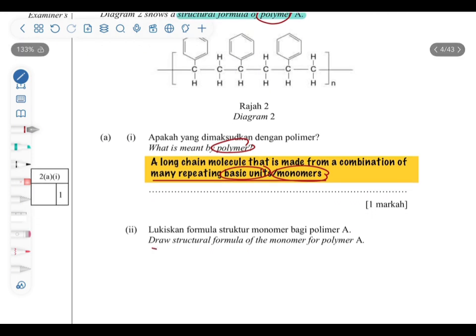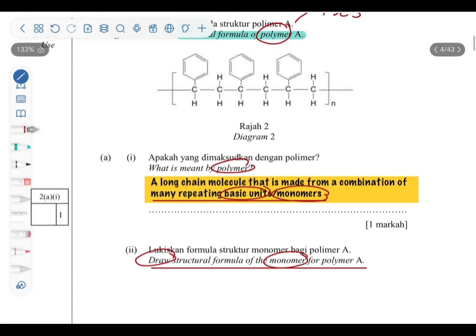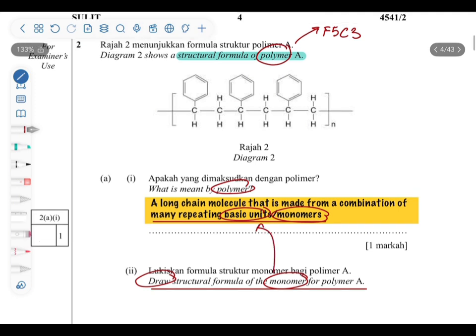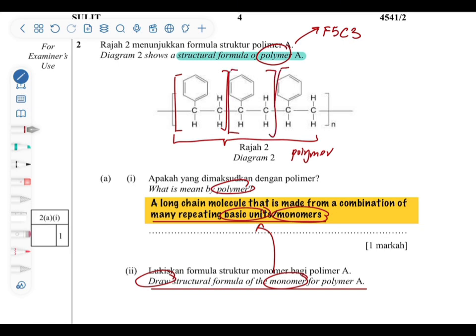So second question. Draw the structural formula of the monomer for polymer A. So we are going to draw the monomer of the polymer A. We already know that polymer is something related to many repeating basic units, or monomers. So basically, we need to observe and identify the same unit from this long chain of the polymer. So very obvious, you can know that this is the first unit, and this is the second unit, and then the third unit.